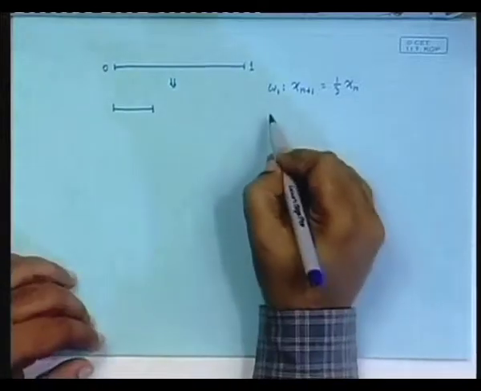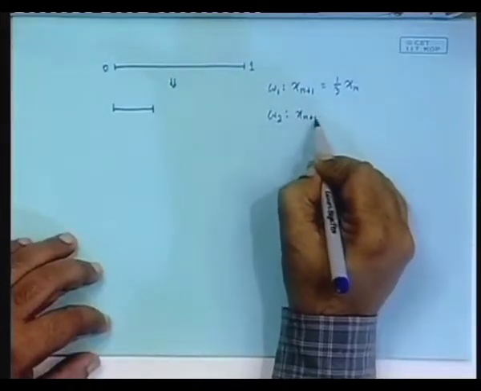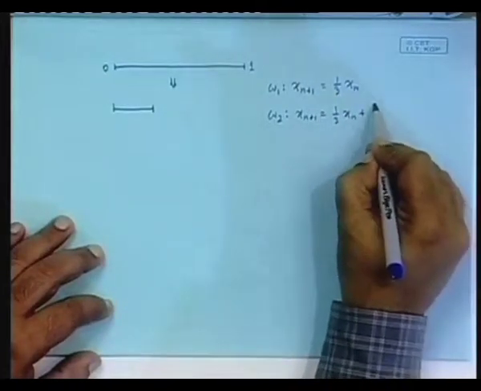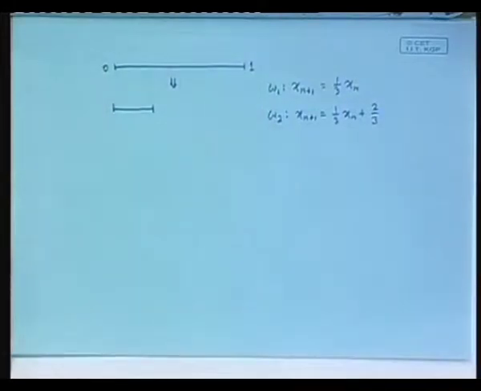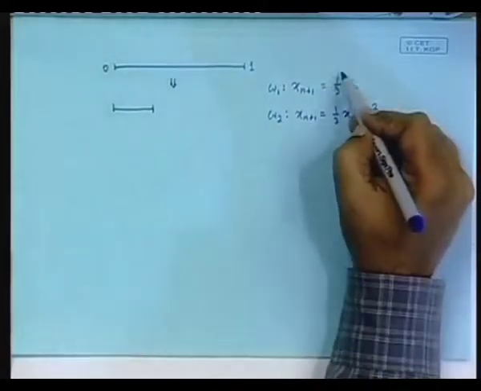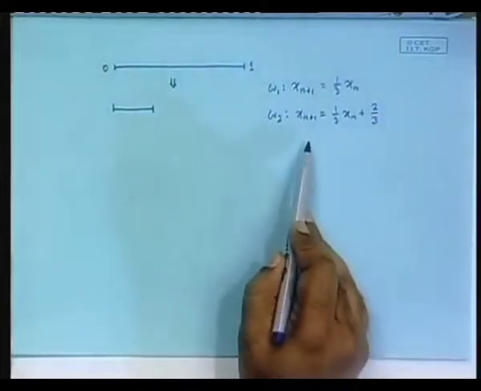Now, let us define another W2 as x n plus 1 is equal to 1/3 x n plus this other constant. This is contractive, right? 1/3. So, these are both contraction mappings.